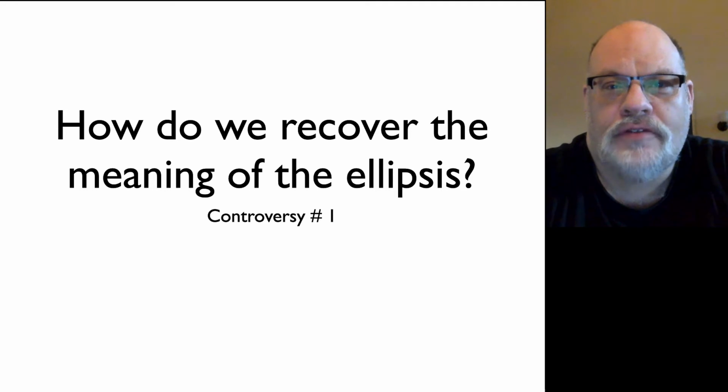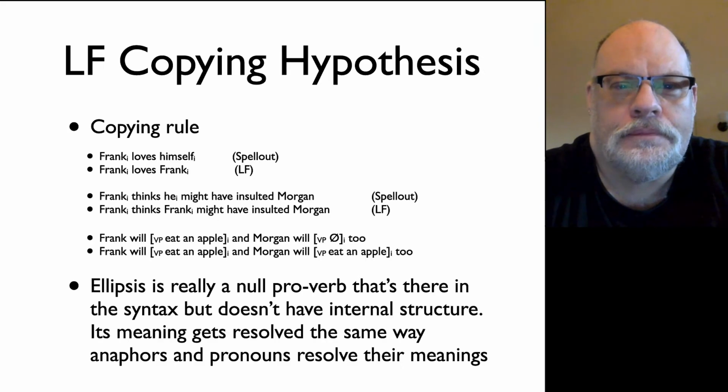So we actually won't have a definitive answer to the question you're seeing on the screen right now. How do we recover the meaning of ellipsis? We will see that there's evidence for two different ways to do it, and we'll have to think carefully about what that means for our theories of grammar.